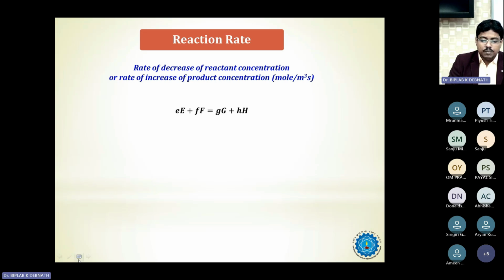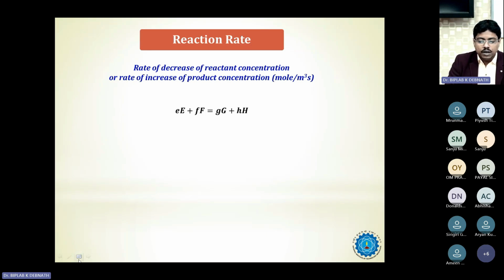So if we see a particular chemical reaction over here, that is e moles of capital E. Capital E is the element. How many moles? E, small e. f moles of capital F. F is also a species, also a constituent, a reactant. How many moles? f moles.